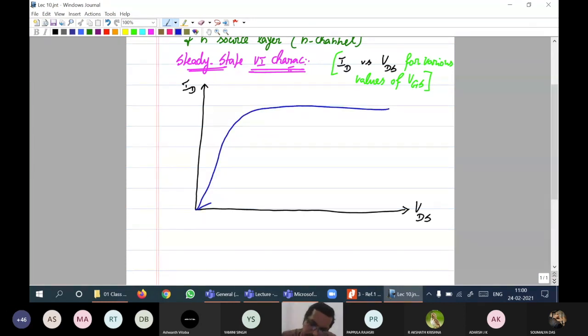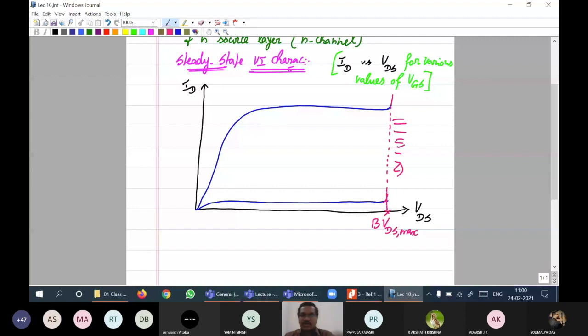Now, beyond this region, the device will get broken. This is the breakdown region. We don't operate the MOSFET over there. This is the maximum drain source voltage, VDS max.